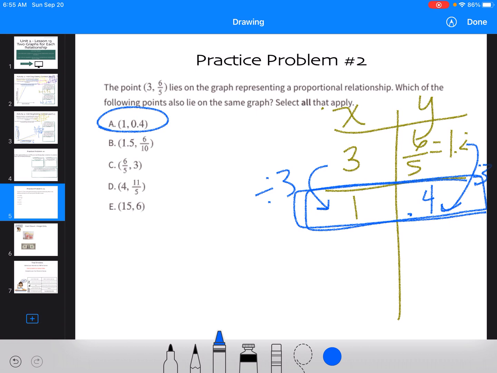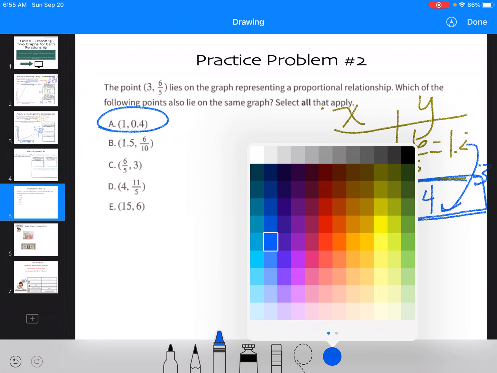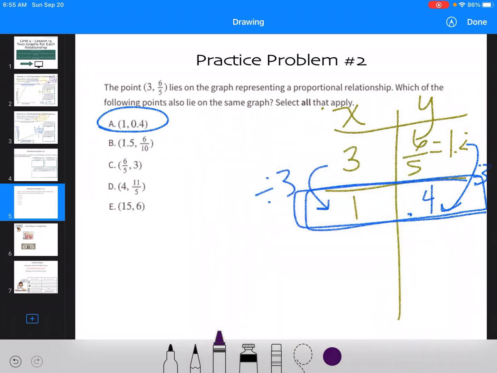I'm just going to do a lot of erasing so it doesn't look crazy and confusing. So I put 1.5 here, and I want to see if it equals 6/10. So I'm multiplying by 1.5. So 0.4 times 1.5, and I get 6/10.